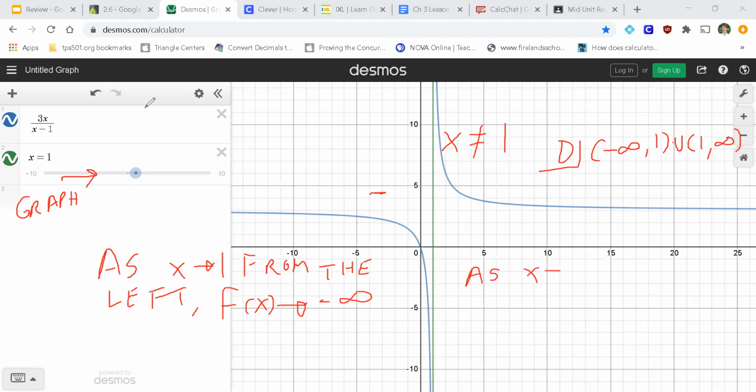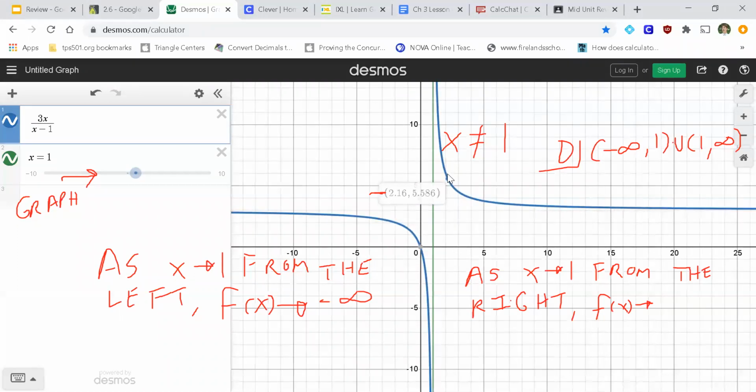As x approaches 1 from the right, f of x approaches what? What happens? So as we get closer to 1 from the right, f of x goes to positive infinity.